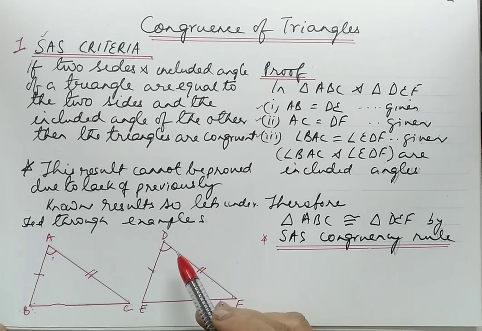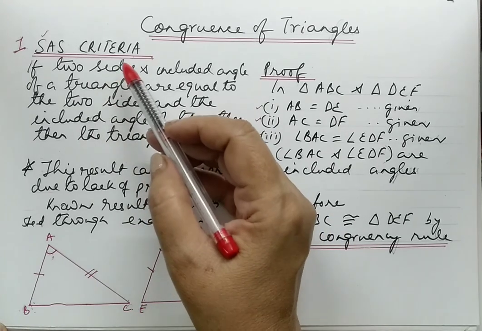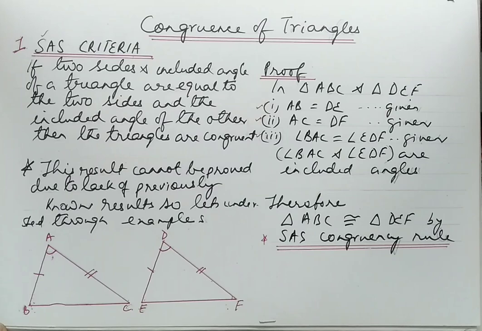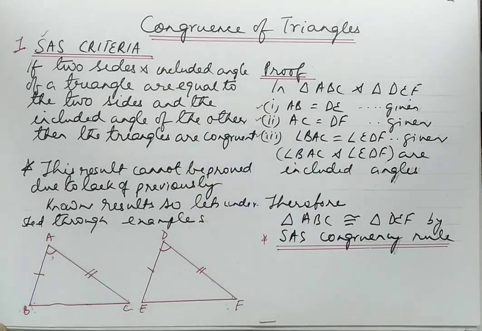This is what they are trying to say. This is taught in 7th, 8th, 9th level, so we are not getting into where this has been generated from. We'll take examples to prove how we prove the congruence of triangles using 4 kinds of criteria. The first one is SAS.